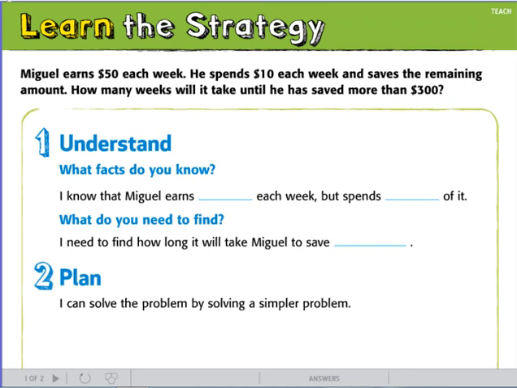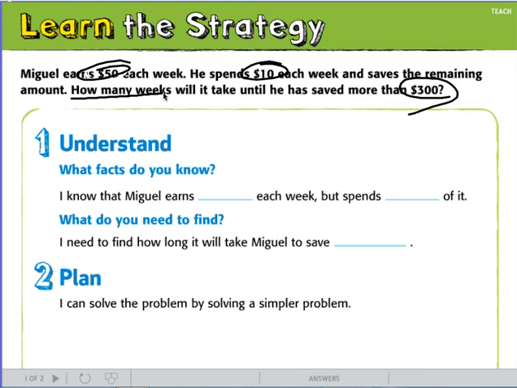So he makes $50. He spends $10, and he saves the remaining amount. He wants $300, and we want to know how many weeks it will take for him to get it.